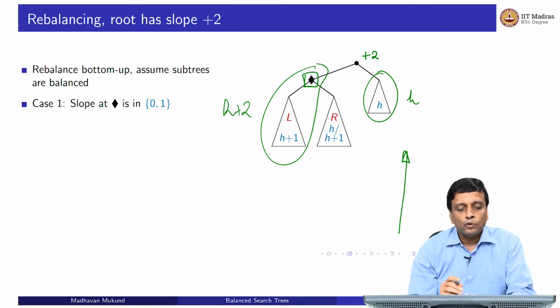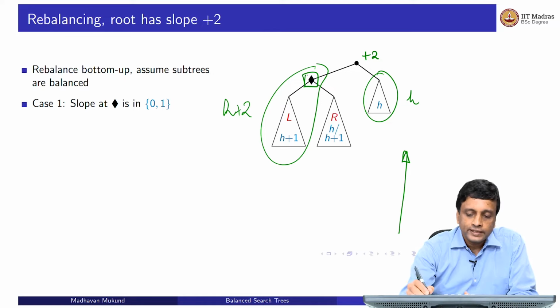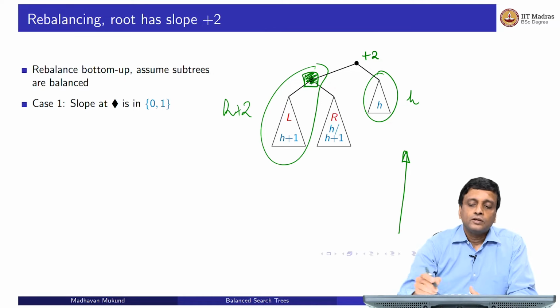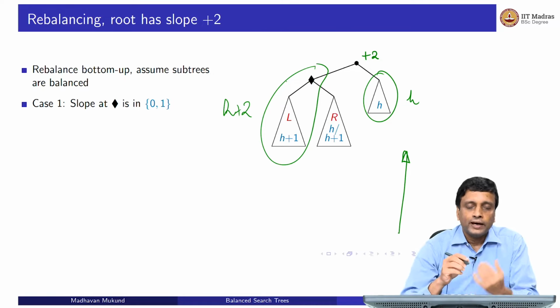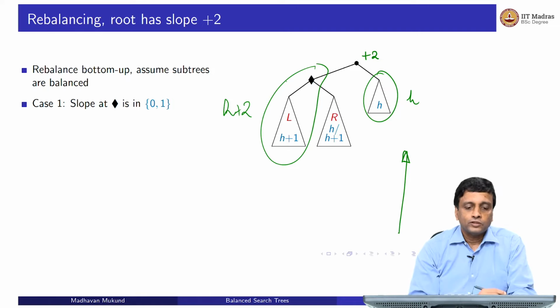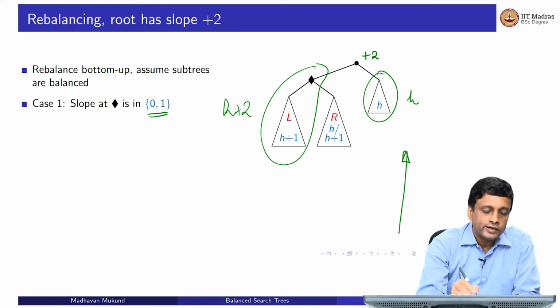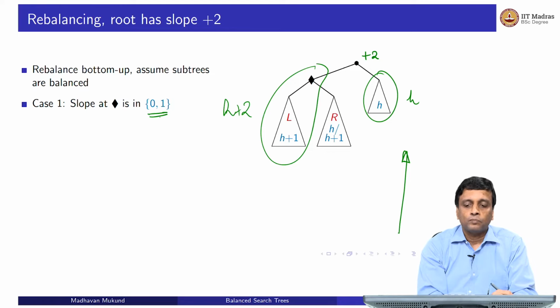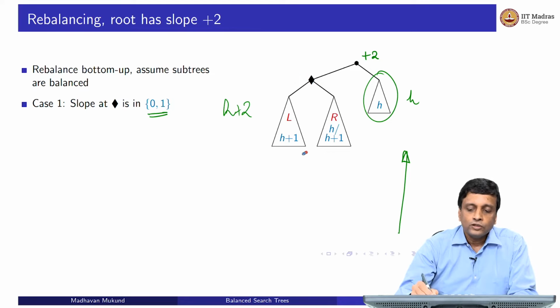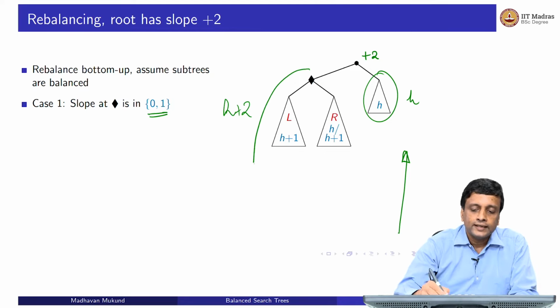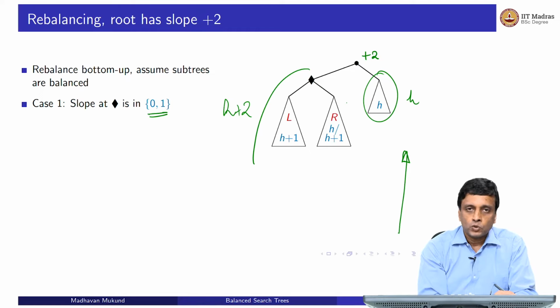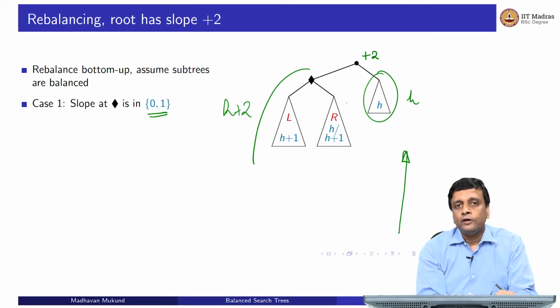Now we have to look at the slope of this diamond node. What are the possibilities? It's going to be either 0 or +1 or -1. I'm going to consider first the case where it is not -1. It's either 0 or +1. Remember that this whole thing has to have h +2. So one of these two things has to have h +1. And it cannot be only the right hand side, because then the slope will become -1.